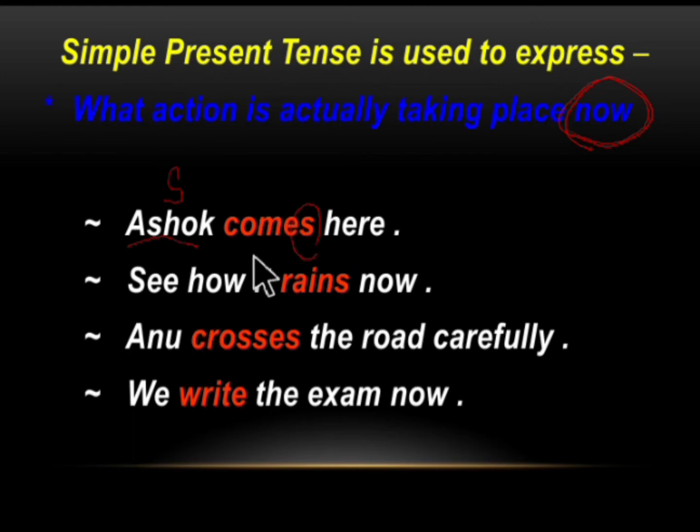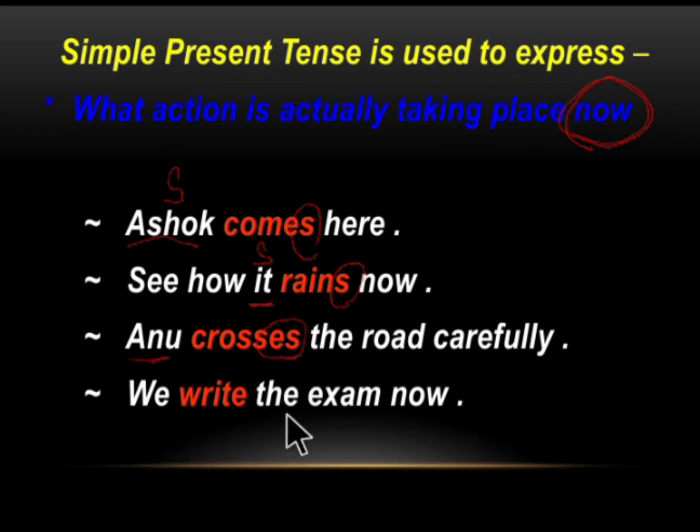See how it rains. Here it is the subject, and this is singular, and so we add s to the verb. The next sentence is Anu crosses the road carefully. Here Anu is singular, and so we add s to the verb.